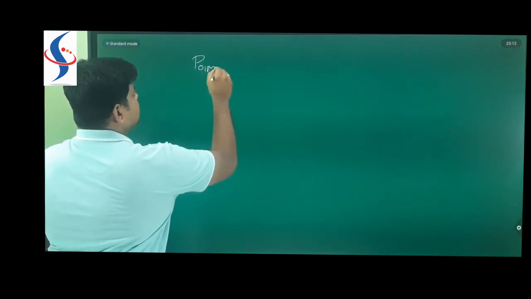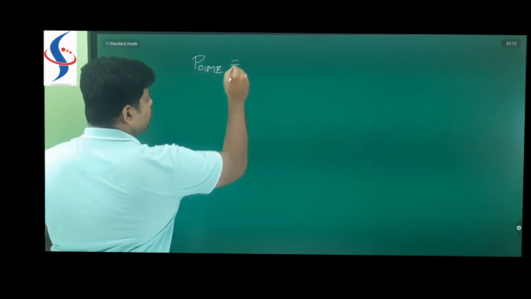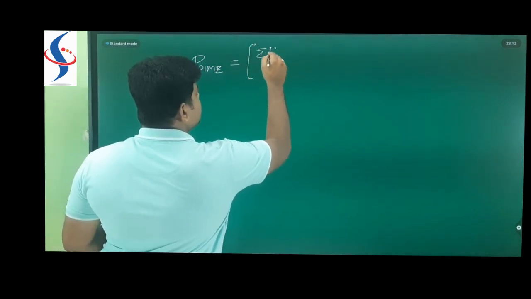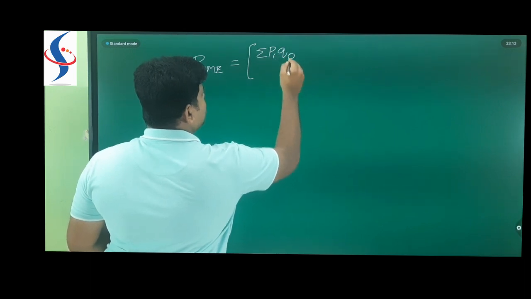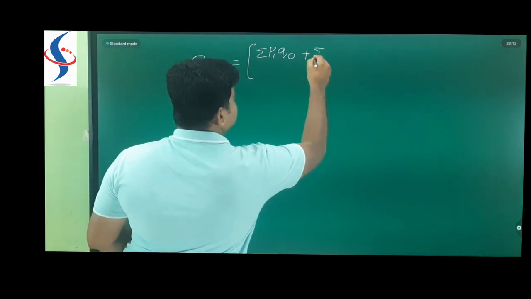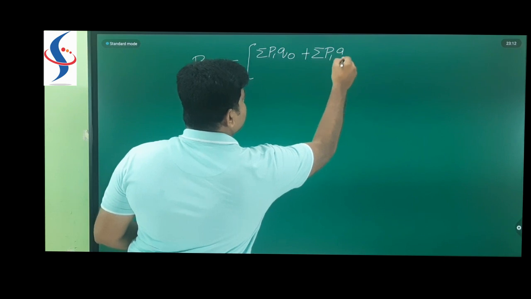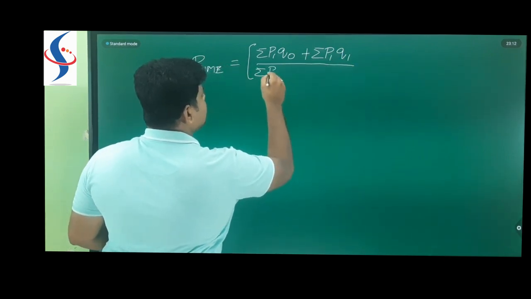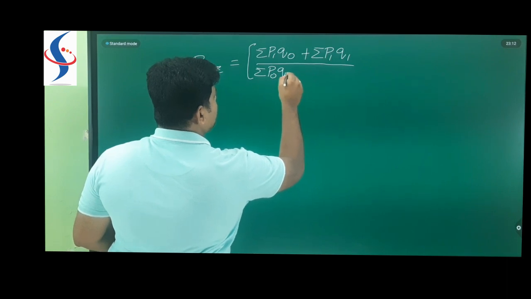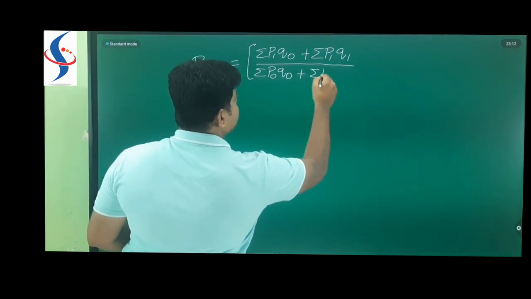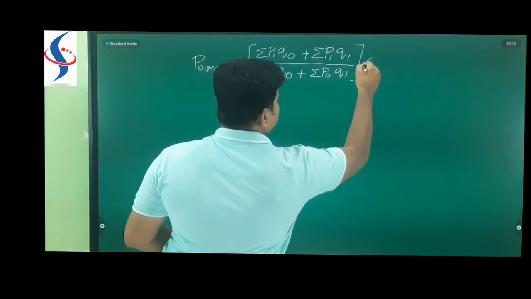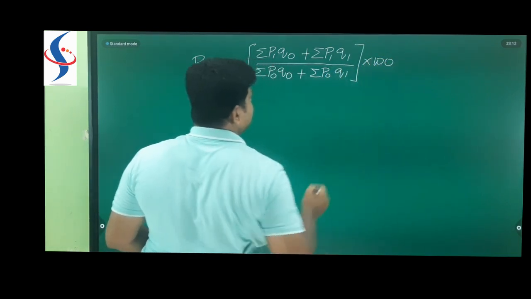P01 Marshall-Edgeworth is equal to summation P1 Q0 plus summation P1 Q1, whole divided by summation P0 Q0 plus summation P0 Q1, into 100. This is the formula.